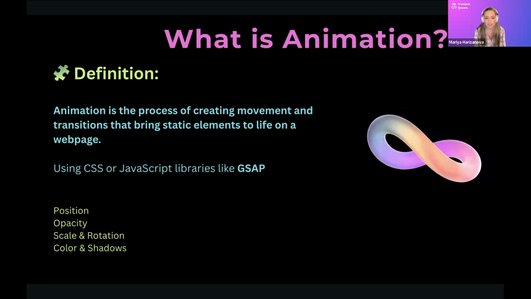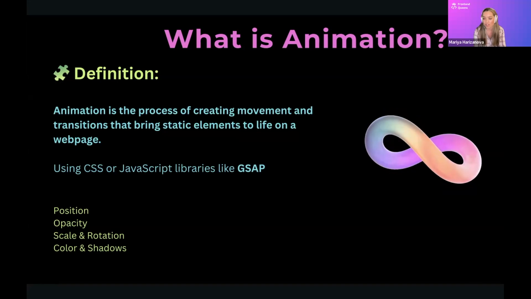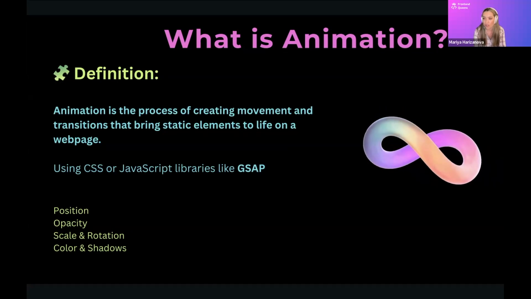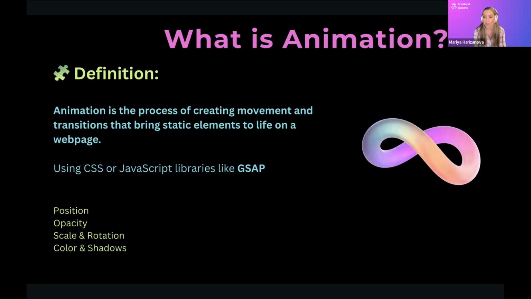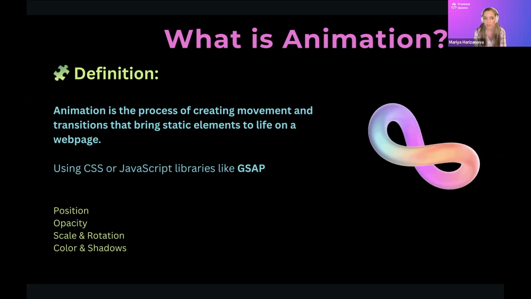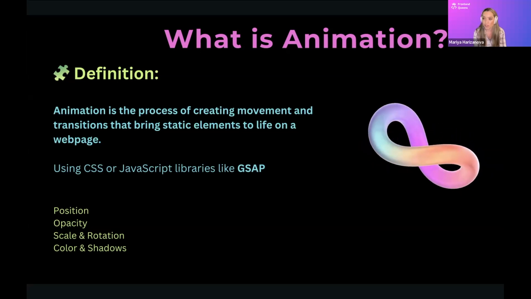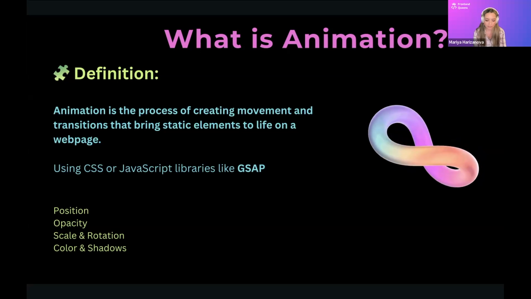We can also use transitions and subtle hover effects, and we respect user preferences. So we're also going to use prefers-reduced-motion. As we know, ADA compliance is currently very in demand. We have to make sure that we give users with screen readers or motion disabilities the ability to disable that on their site.